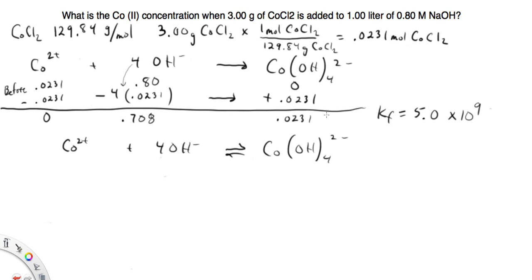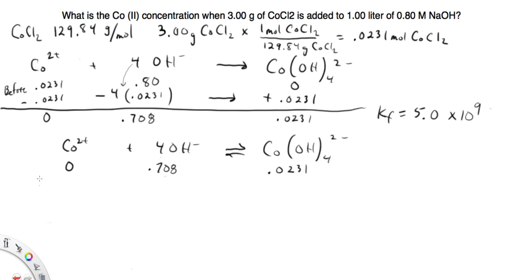Okay, so initially we're going to say we have 0 cobalt-2. We're going to bring down the 0.708. And for our complex ion of cobalt, 0.0231, which is what we just brought down, these values.